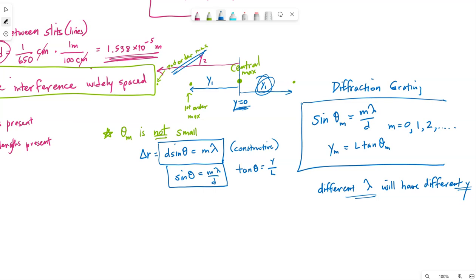Diffraction gratings, this concept is also very common in nature. If you've ever seen a peacock, the beautiful birds with their beautiful feathers, the different colors we see are due to, it's more of a reflection grating, but it's the same idea.